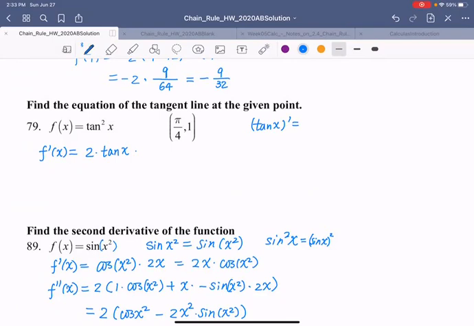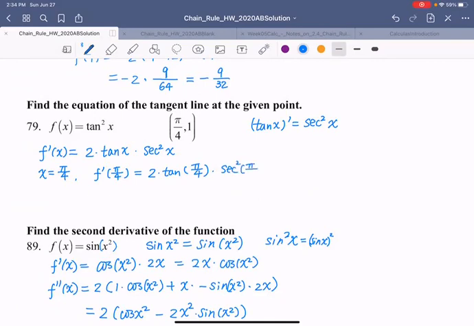Secant squared x. Very good. Let's plug in x equals pi over 4. How much is tangent pi over 4?